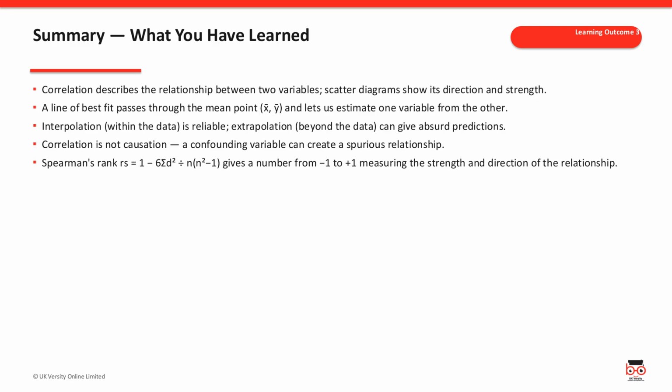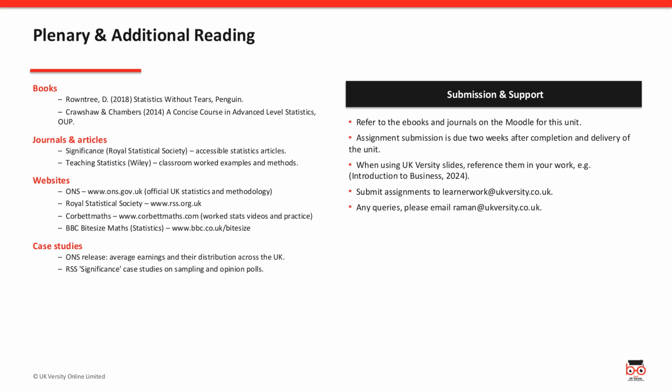Correlation is not causation. A confounding variable can manufacture a spurious link. And Spearman's rank coefficient gives us a single number from -1 to +1 that captures the strength and direction of the relationship. That's correlation covered, from scatter graphs right through to a calculated coefficient.